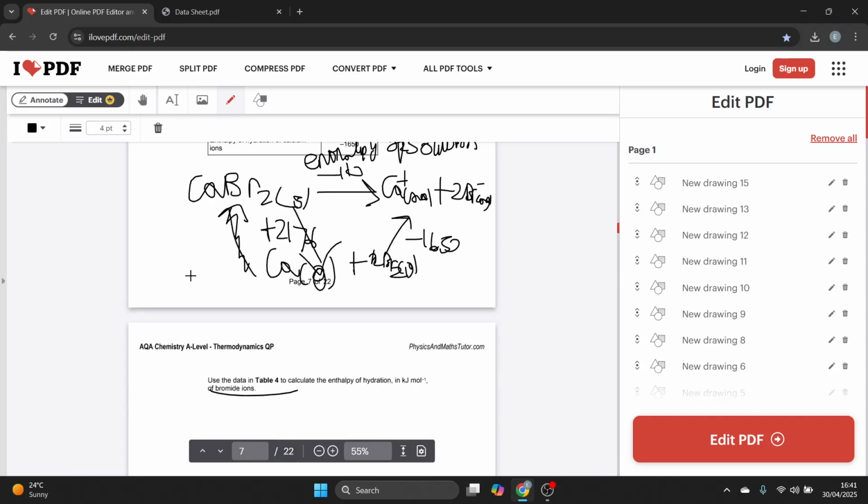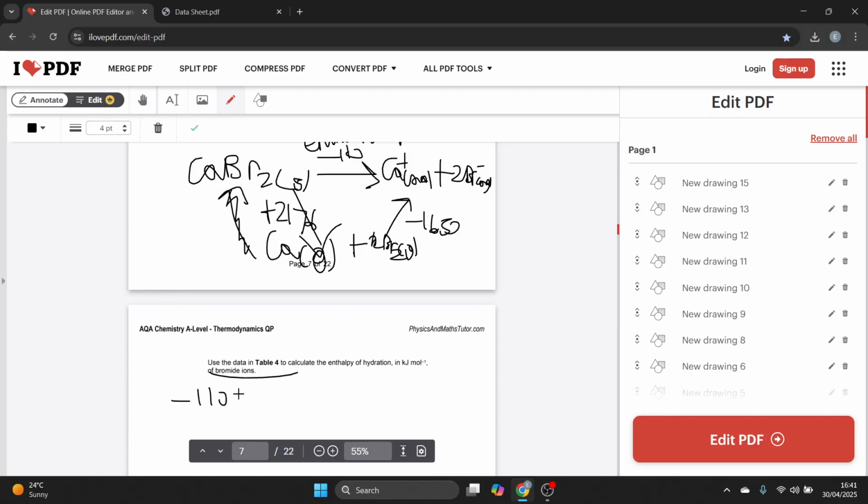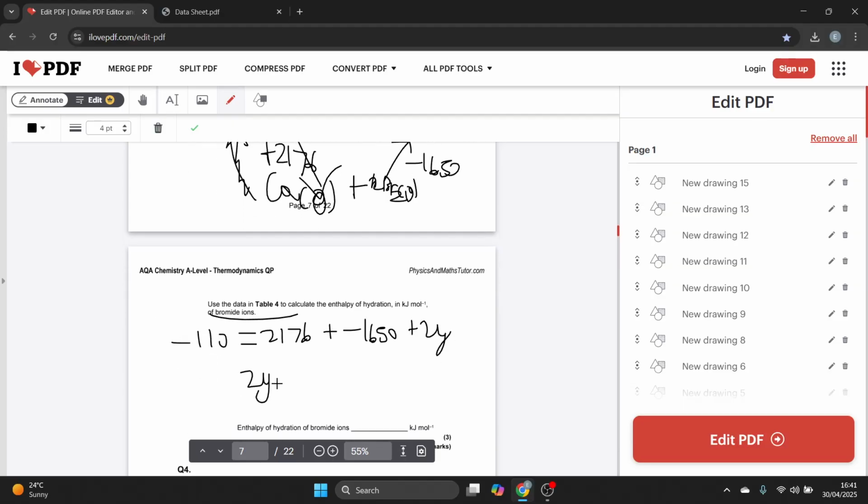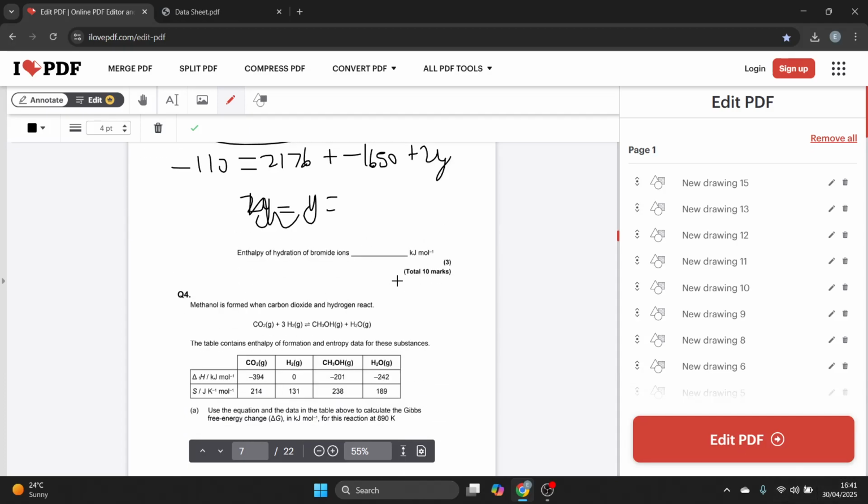So I'm going to say minus 110 equals 2176 plus minus 1650 plus 2y. 2y equals, no, forget that, y equals minus 318.